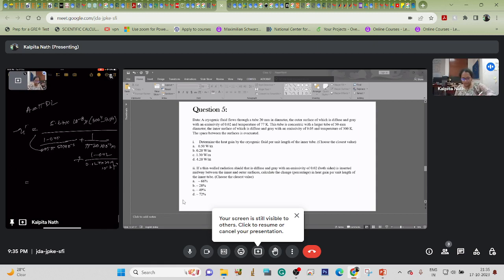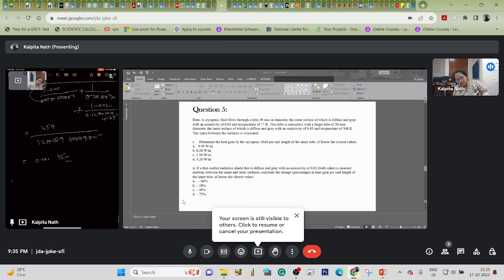This will be 457.121 plus 15.9 plus 779.8 meter inverse. So this is 0.501 watt per meter.